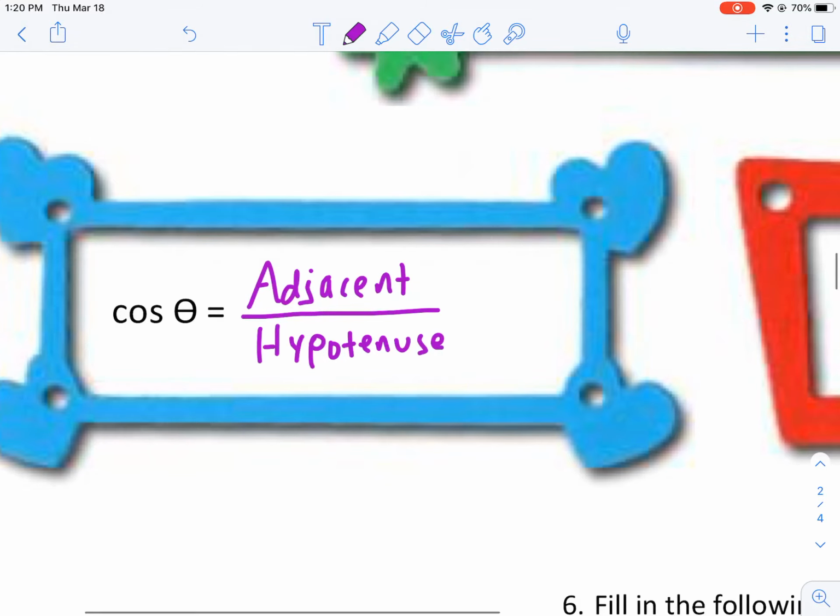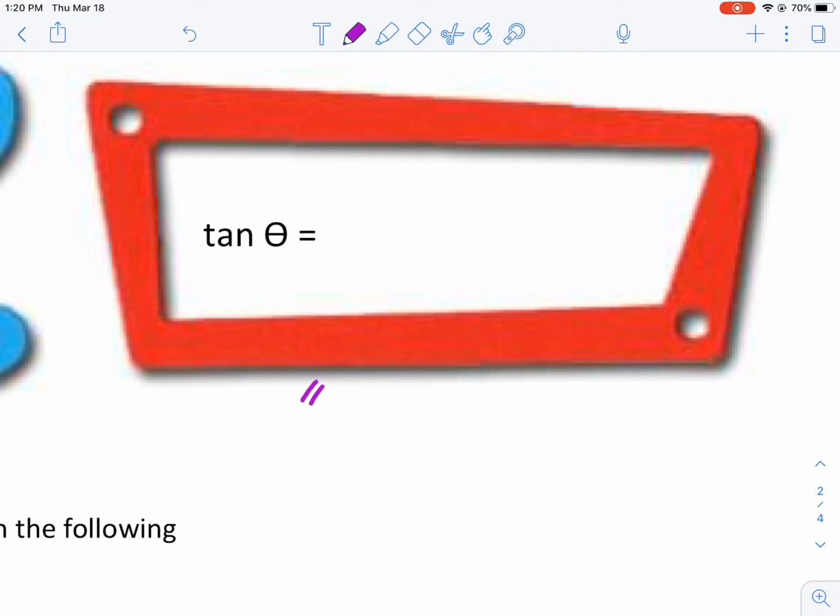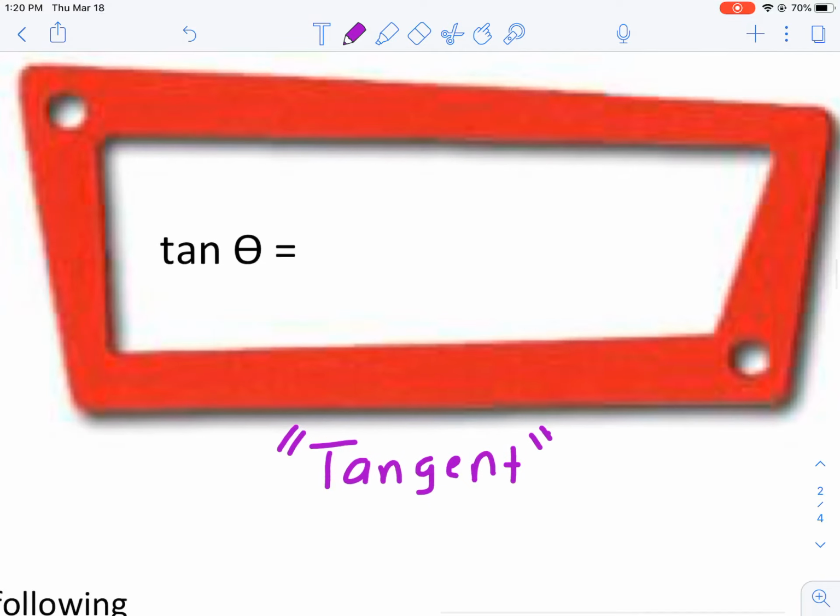So that's cosine, is how that's pronounced, spelled like this. And then we have the last one, which is tangent, and it's abbreviated TAN. And tangent is when you don't use the hypotenuse at all.